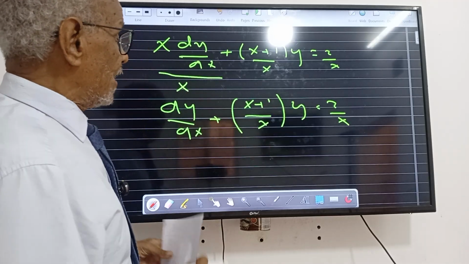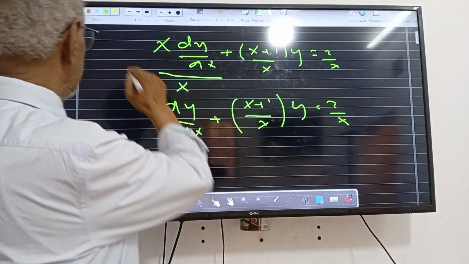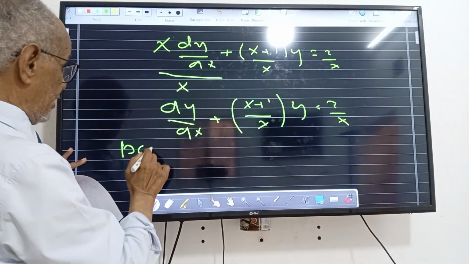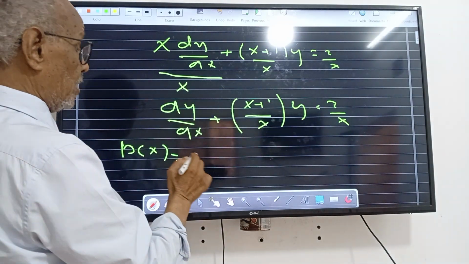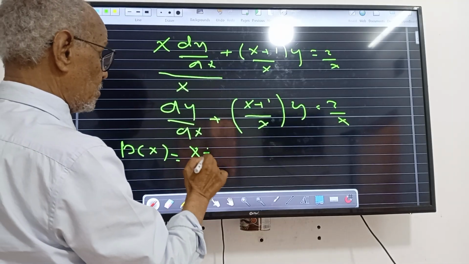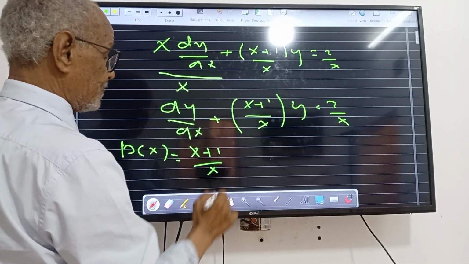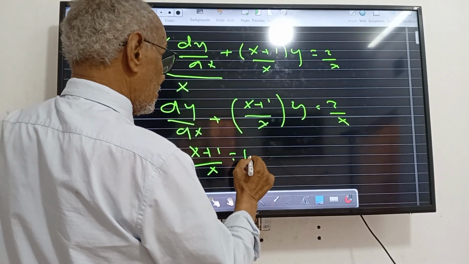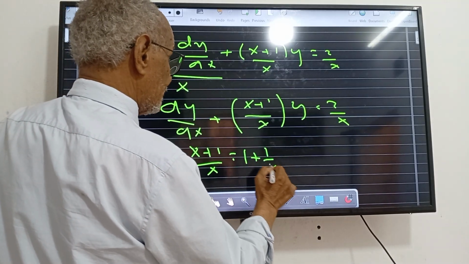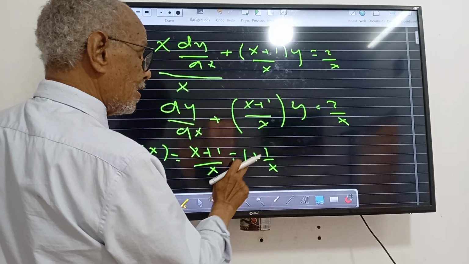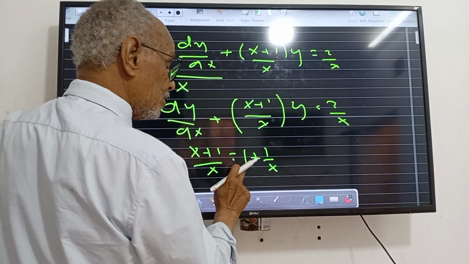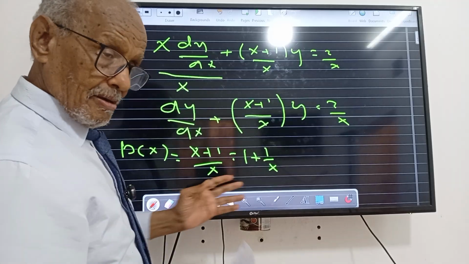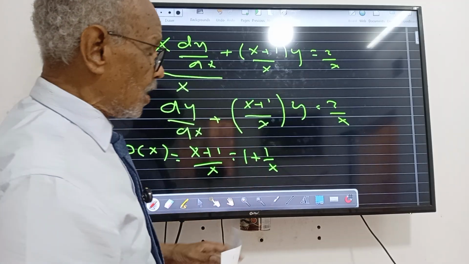In this case, p of x equals x plus 1 over x. This can be written like this: 1 plus 1 over x. If you add 1 to the 1 over x, you will get this. If you are not sure, I can show you.